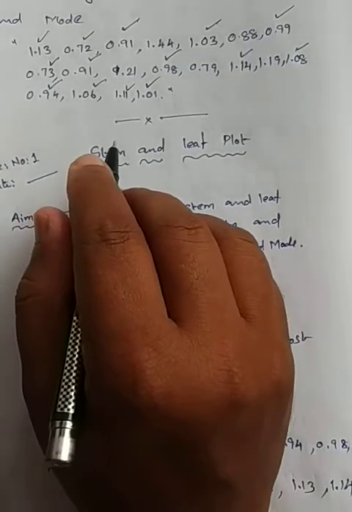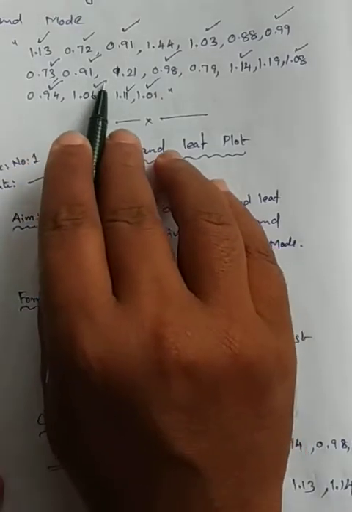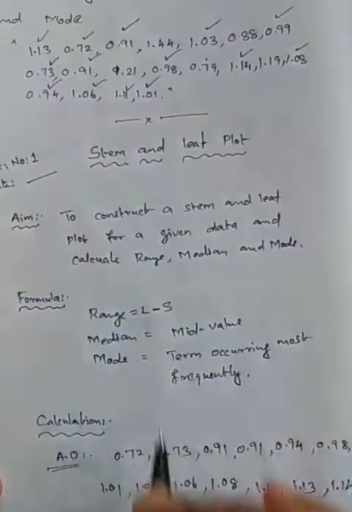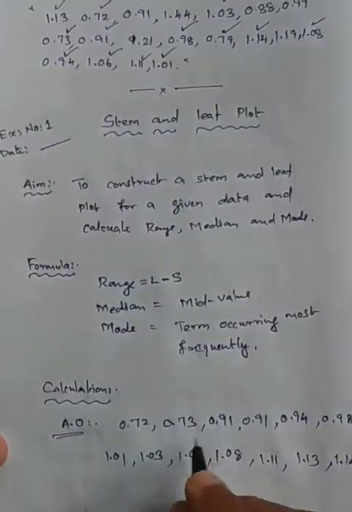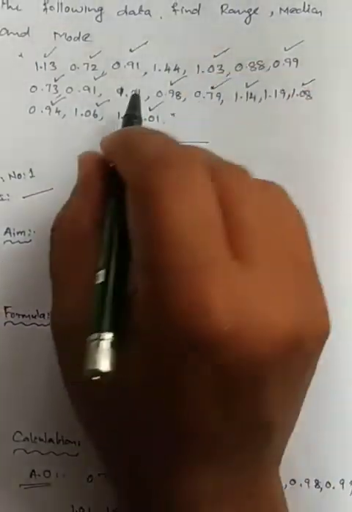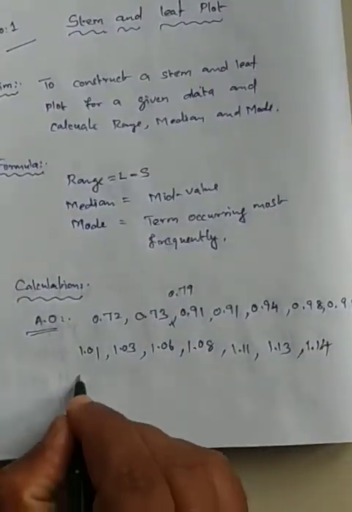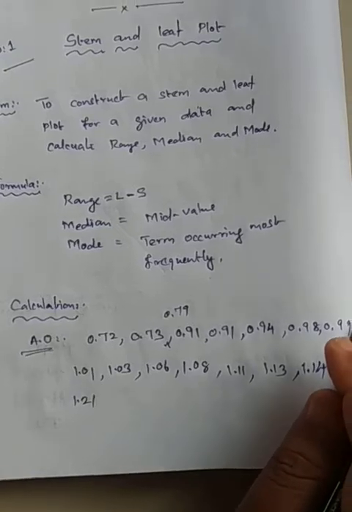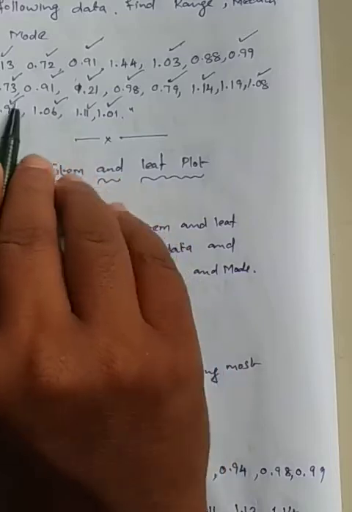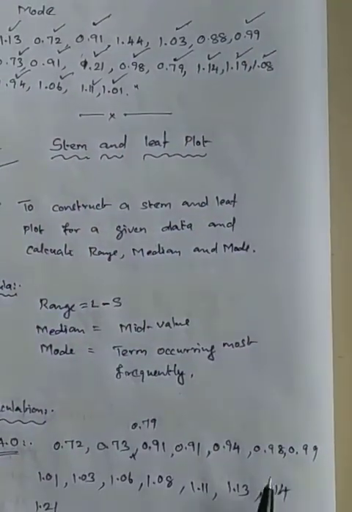After 1.14, what is that? 1.14 is over. I have written 0.79, no, this data is missing. So 0.79 will come here. So you write it here. It was missed. So 1.21 is the next one. After 1.21, what is that? You check, in this entirely over here, 1.19 is there. So you write 1.19.